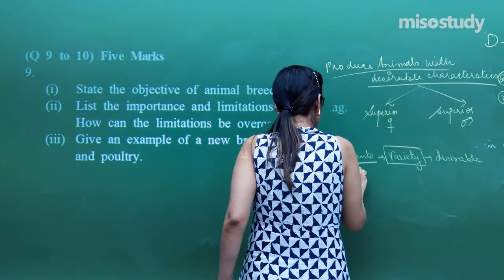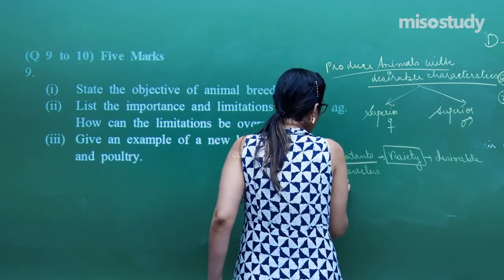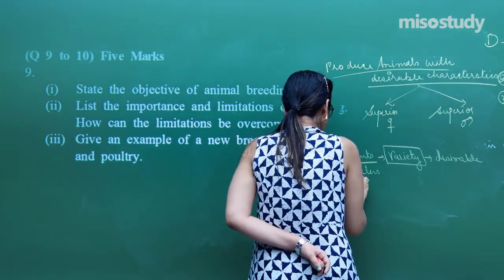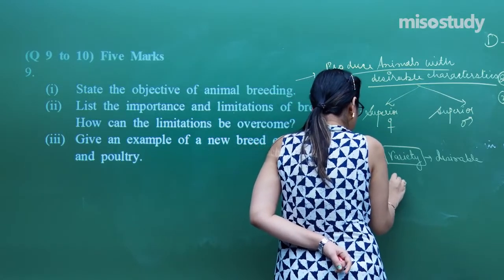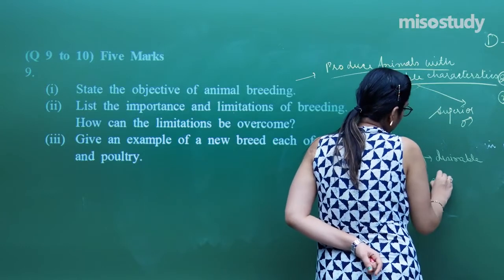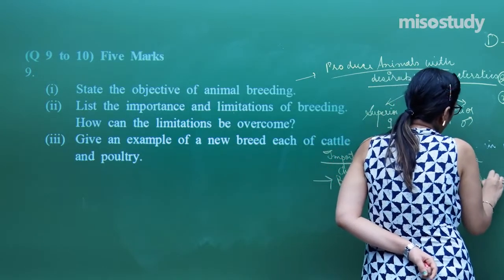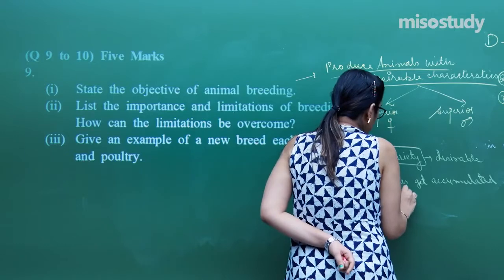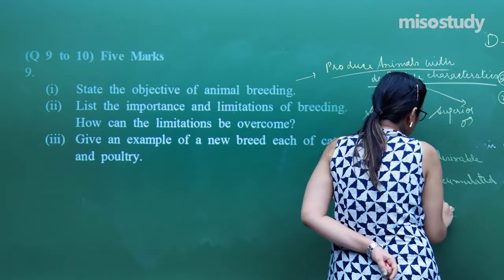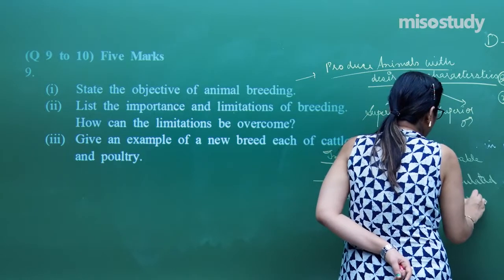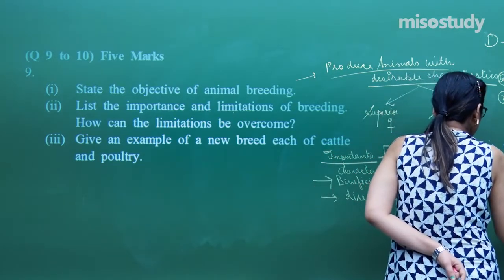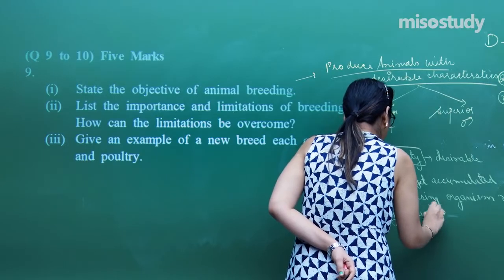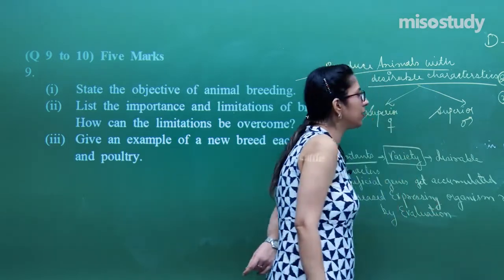Whatever the beneficial genes are, they get accumulated, and whatever the diseased genes are, the disease-expressing organisms will be removed by evaluation. Right, these are certain importances.